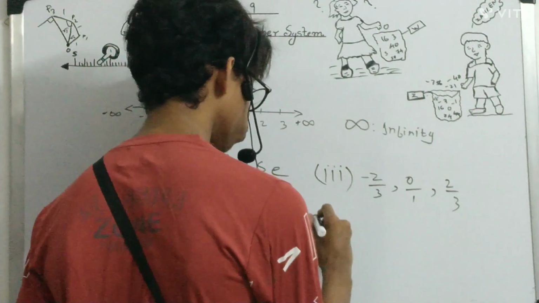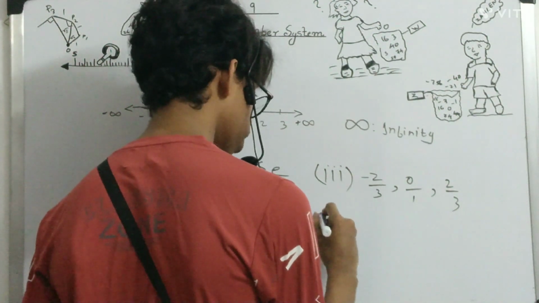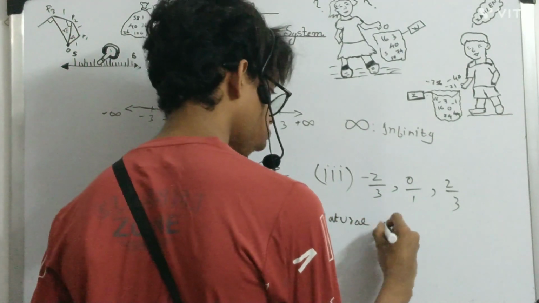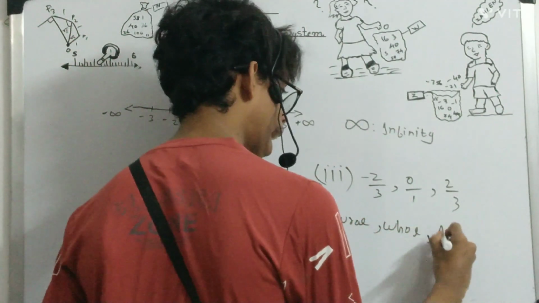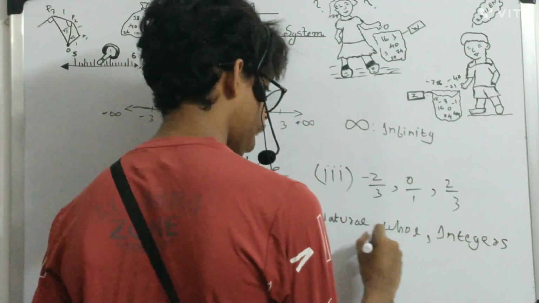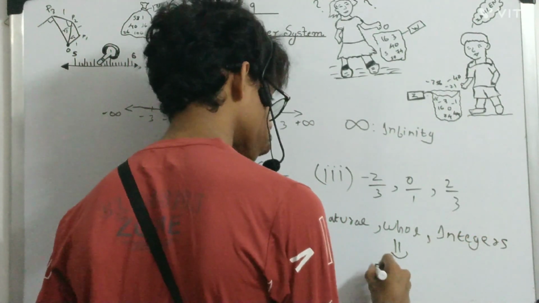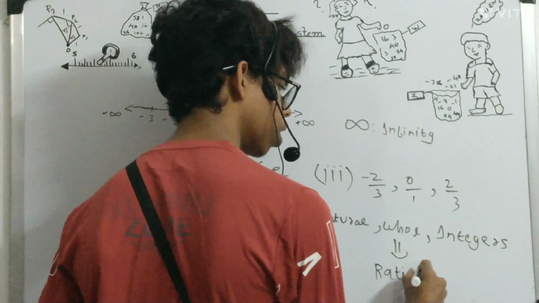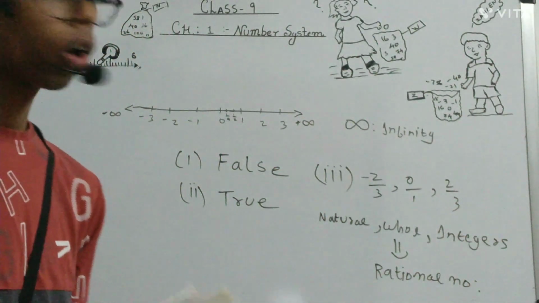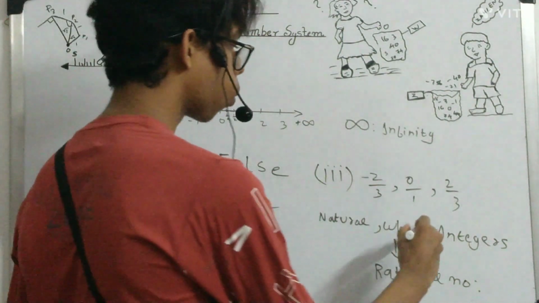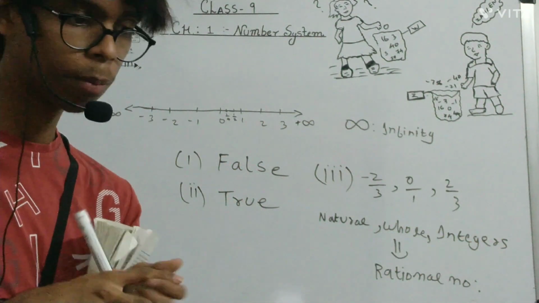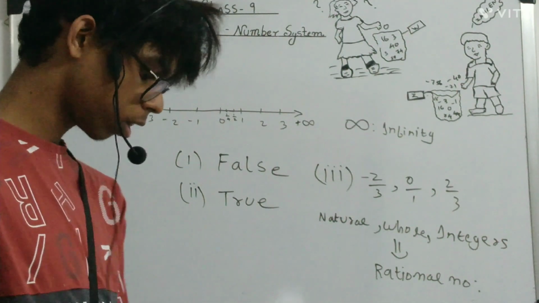That means, you can make a note of it, all natural numbers, whole numbers, and integers can be rational numbers.